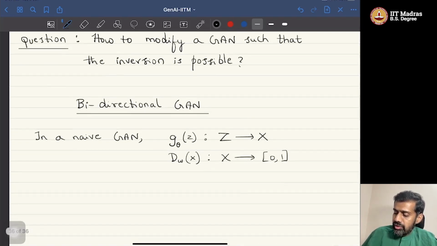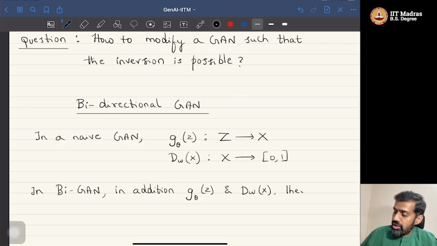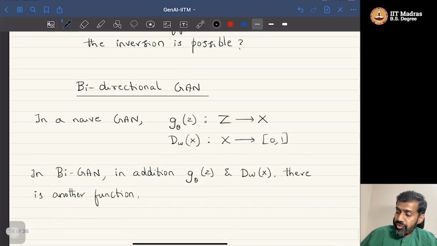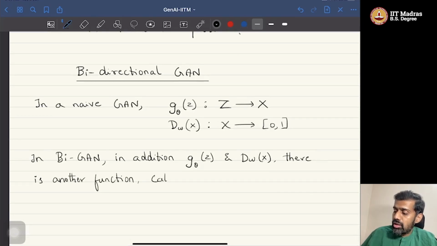So in bi-GAN or a bidirectional GAN, in addition to these two functions, in addition to the generator and the discriminator, there is another function called the encoder network or the inverter network.